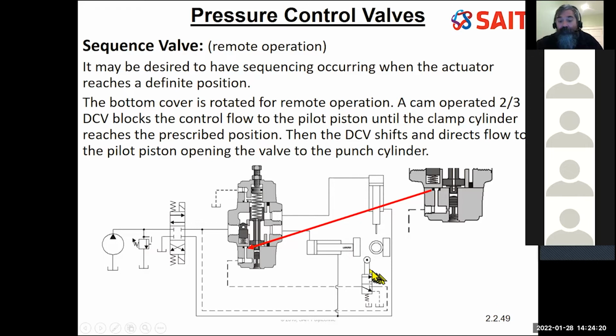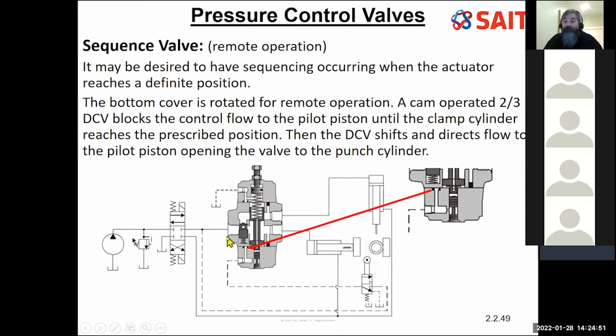In this case, we clamp to the certain distance, and that is detected as my sensing line, allowing this valve then to operate the next step of the sequence. So I used a pressure valve monitoring a distance, okay? So I actually created a pressure system that way to activate the next sequence.